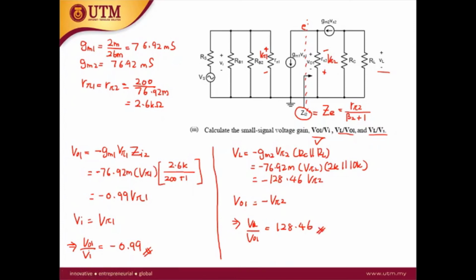So the last one that we want to calculate is VL over VS. VL over VS is actually VL over V out 1 times V out 1 over VI times VI over VS. So VL over V out 1 is equal to 128.46, and V out 1 over VI is equal to negative 0.99.